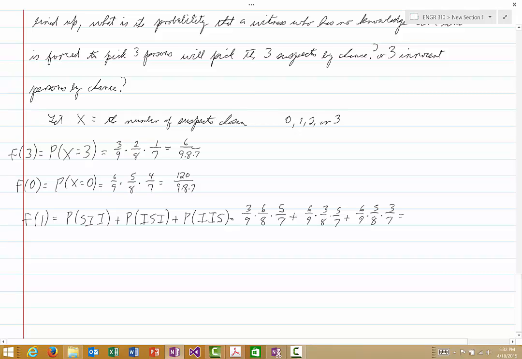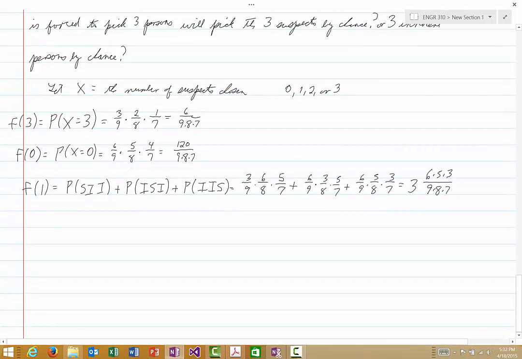And notice that all three of those probabilities are really the same. In all three, we have 9 times 8 times 7 in the bottom, and 6 times 5 times 3 in the top, but the 6, 5, and 3 are just in different orders. So we have 3 times 6 times 5 times 3 over 9 times 8 times 7.